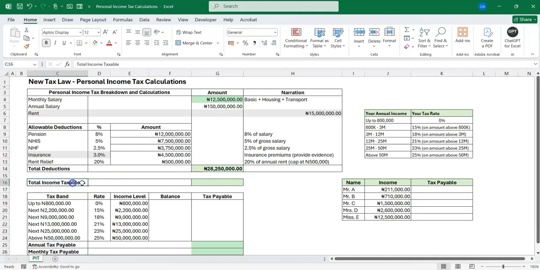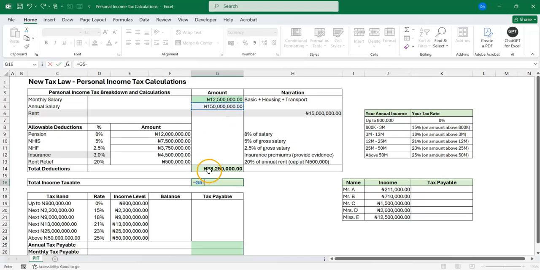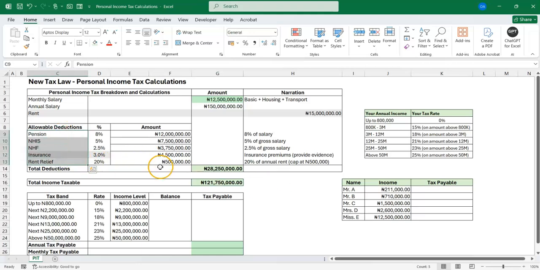So now we can calculate our taxable income. So we say equals this amount, annual income, minus the deductions. And then we have this one to be, out of 150 million, she has actually reduced the taxable income to 121 million because of all the reliefs that she has claimed.